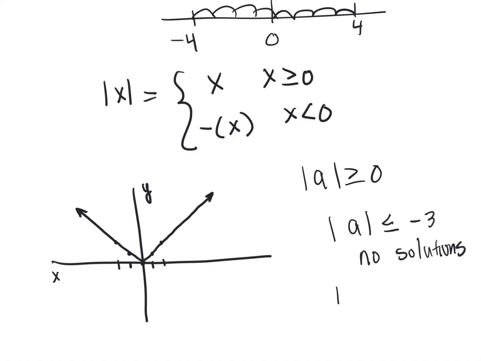Likewise, if I say the absolute value is greater than -4, this would be all real numbers, because anything I put into the absolute value is always going to be greater than -4. So absolute value is always greater than or equal to 0.